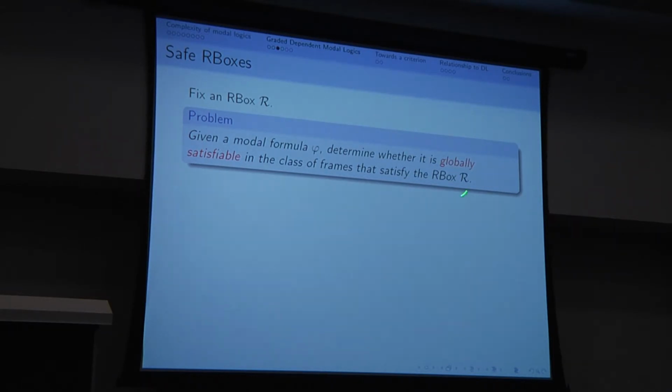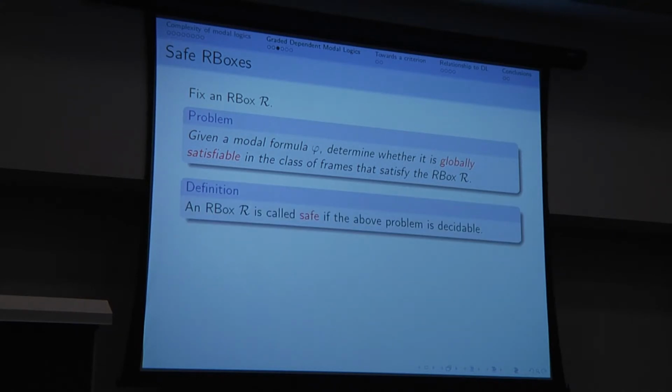There is, of course, the corresponding local version, but I'll explain later why we focused on the global notion only. If this problem is decidable, then we call this RBox safe. Otherwise, we call it unsafe.